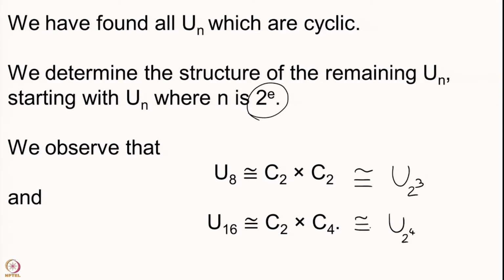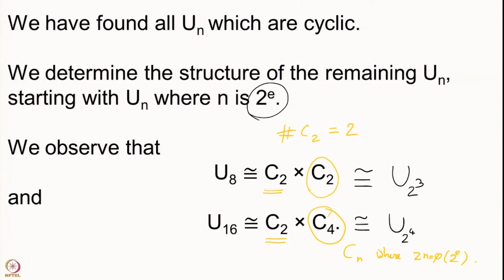We observe that there is one copy of the group C_2 always sitting in these, and the remaining one has order equal to the order of this group upon 2. So, C_2 has order 2, and then the remaining one is C_n, where 2 times n is the correct number that we are looking at.